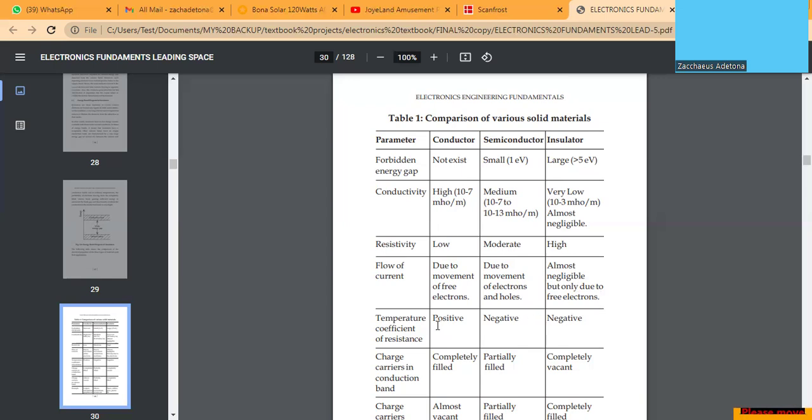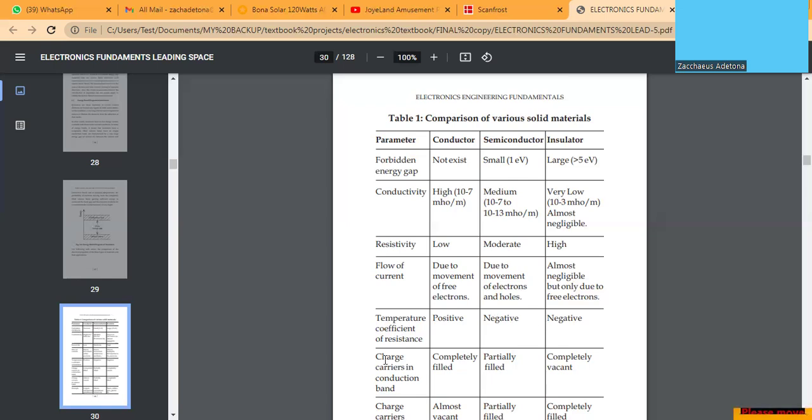Now, for temperature coefficient of resistance, conductors are said to have positive temperature coefficient of resistance because when temperature increases, their resistance increases. But for semiconductors, when temperature increases, their resistance decreases. So they are said to have negative temperature coefficient of resistance. And for insulators too, we have negative temperature coefficient of resistance.